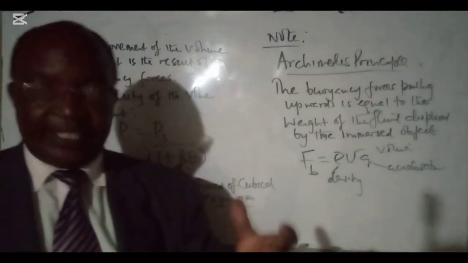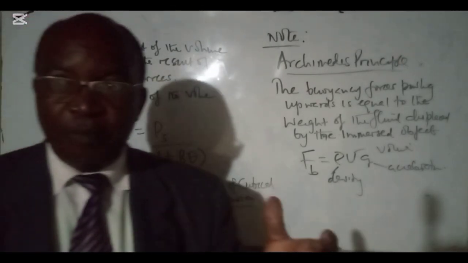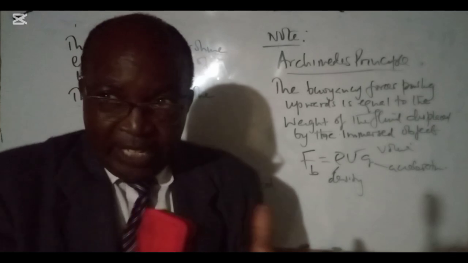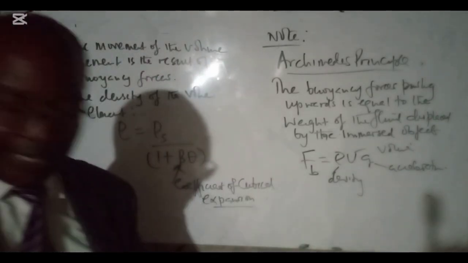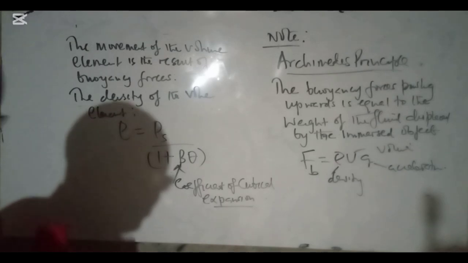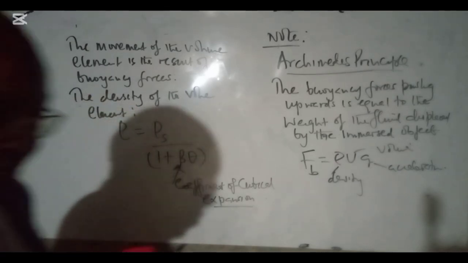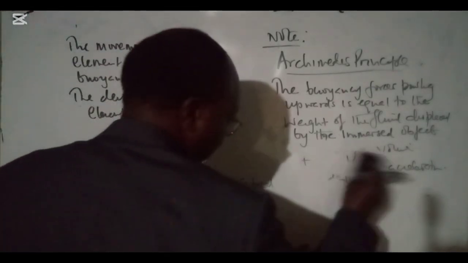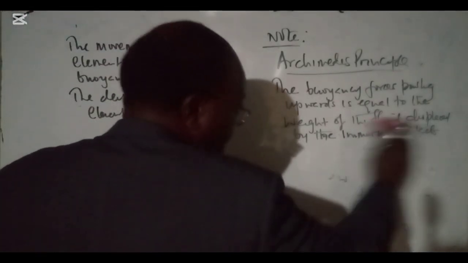It is the increase in the volume of the original unit cube per unit rise in temperature. And we have said that the movement of this volume element is because of buoyancy forces.